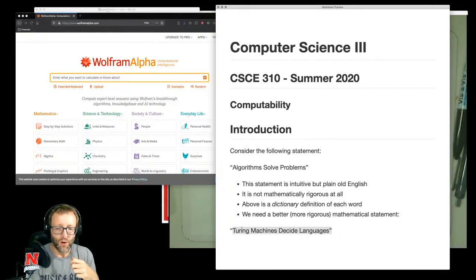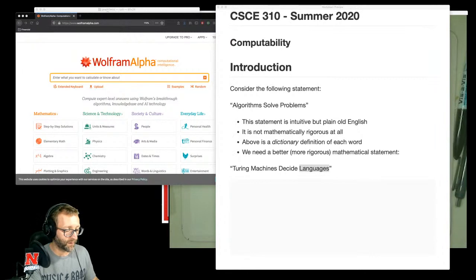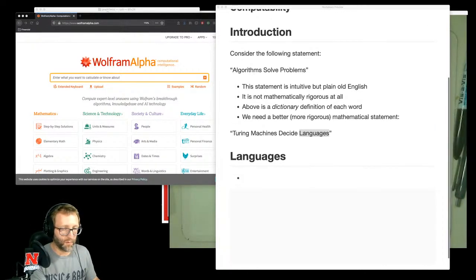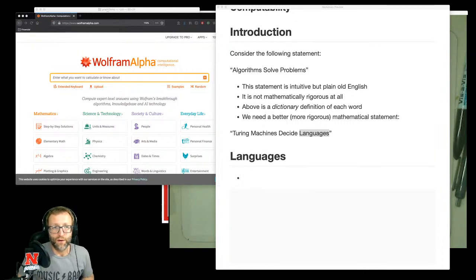Okay. So I'm going to go ahead and start at the first part of this, where I'm going to define what a language is. It's not a language in the sense of natural languages. We of course have natural languages: English, Japanese, Korean, Spanish, etc. Those are all natural languages.